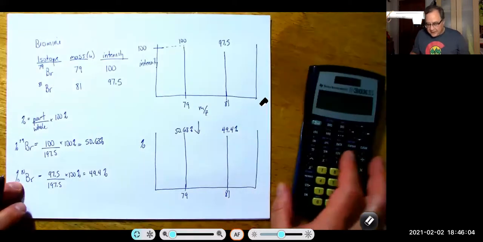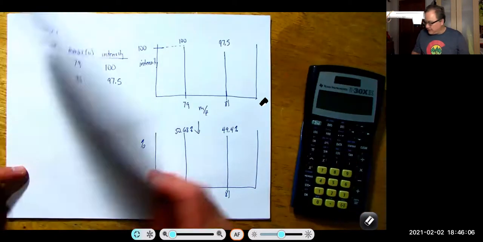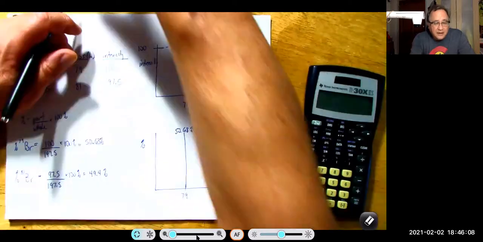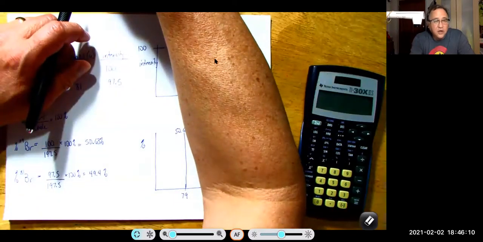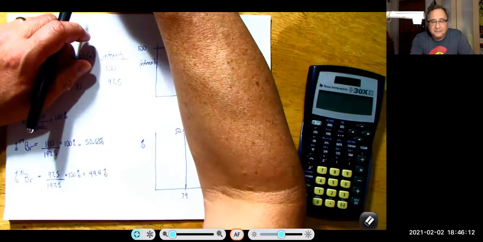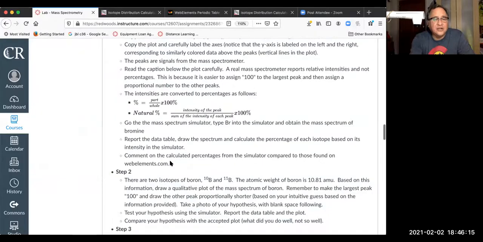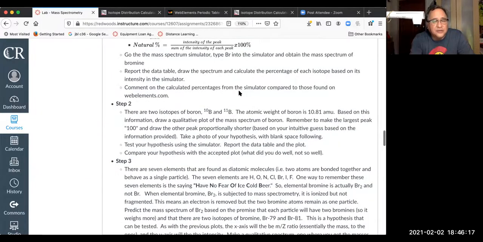Okay, the next thing you're asked about is, I'm gonna have to switch my screen back to the web browser so that we can look at the lab. This says, comment on the calculated percentages from the simulator compared to those found on webelements.com.